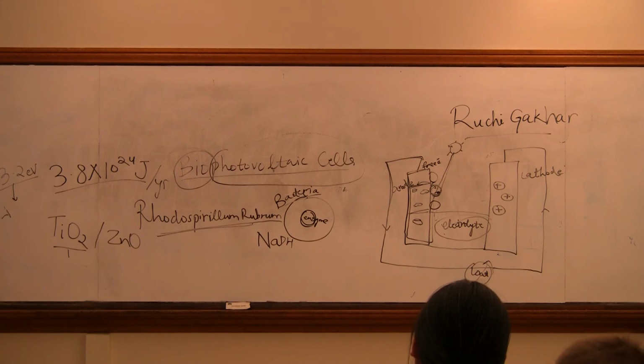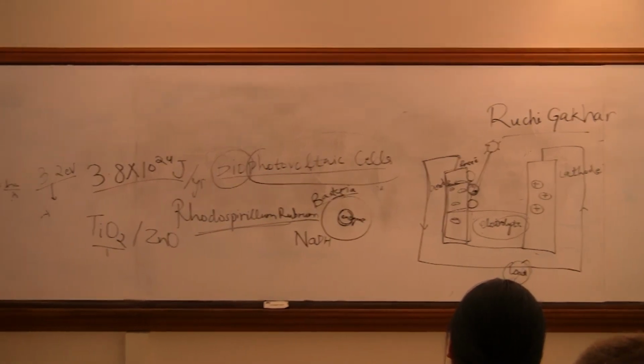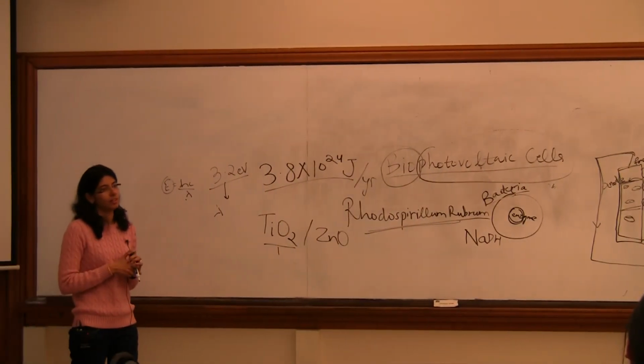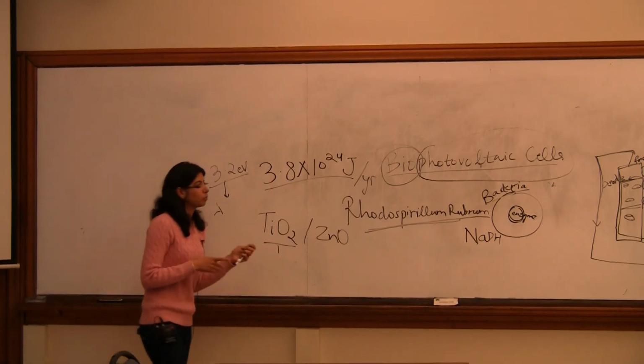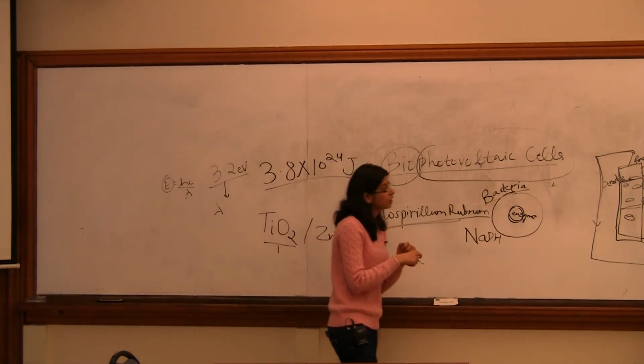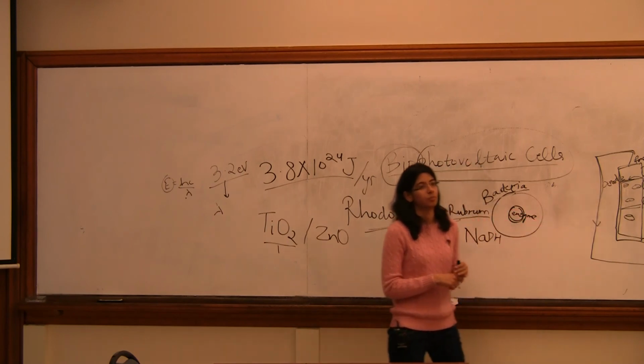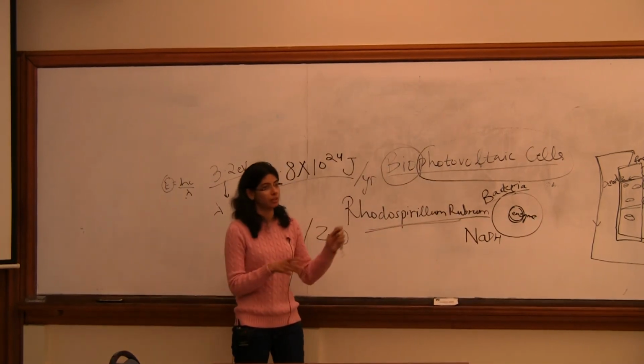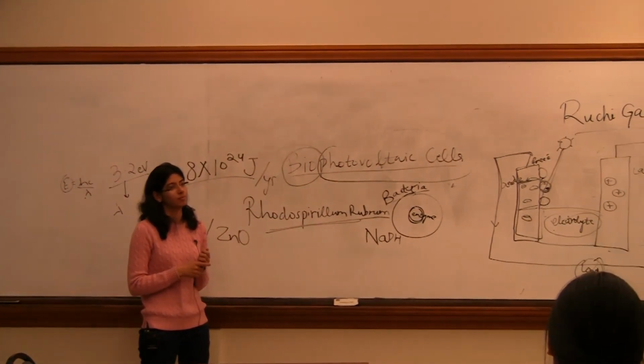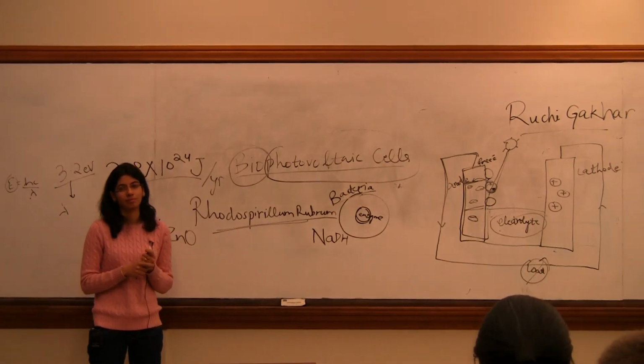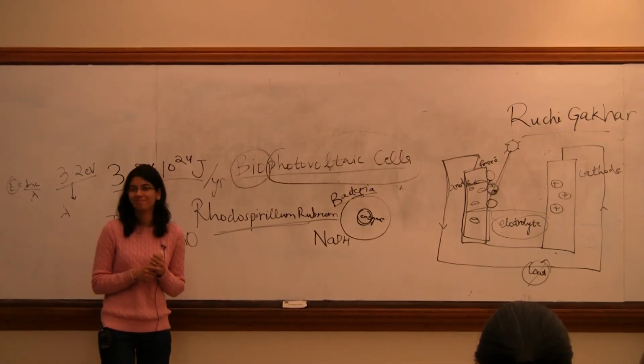Sometimes we dope it with some groups, sometimes we form a film on it, so that one part of the spectrum TiO2 will absorb, and another part the attached group will absorb. Sometimes we attach quantum dots and other species. So we are using biomolecules to increase its efficiency, but we still need some anode here. Bacteria alone can't do that whole process. Okay, thanks.